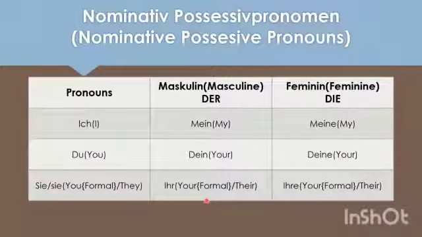So it means your when we use it with the capital S and their when we use it with the small s. And the feminine possessive pronoun for both will be ihre. That means your in a formal way if you use the capital S, and their if you use the small s.